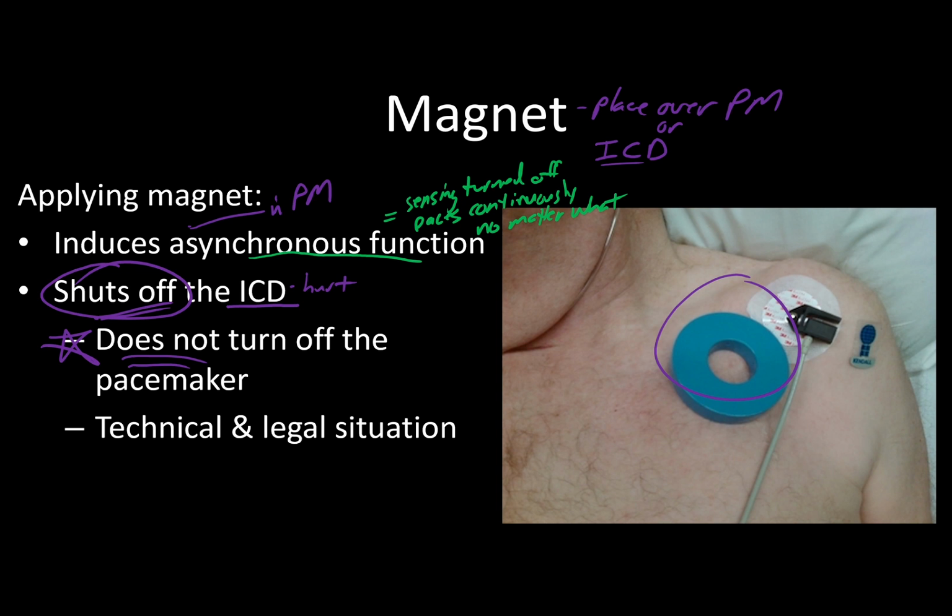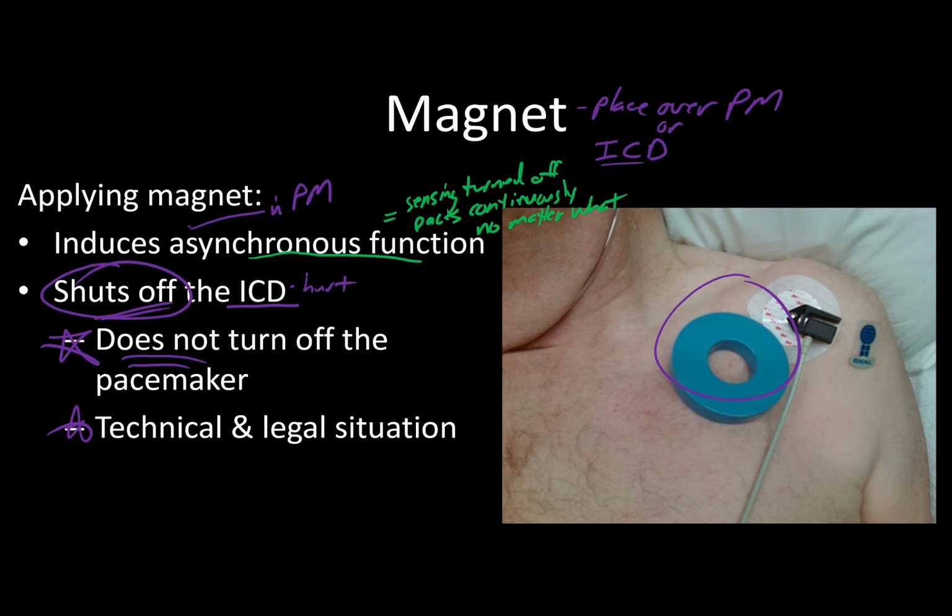And the family assumed, oh, we're shutting off the pacemaker altogether, and so the patient's heart should stop and they should pass away soon. That is absolutely not the case. The pacemaker keeps running, and you need to explain to the family that we cannot turn off the pacemaker using this device. In fact, it brings up some technical and legal sticky situations.